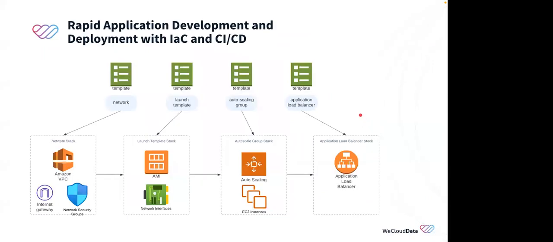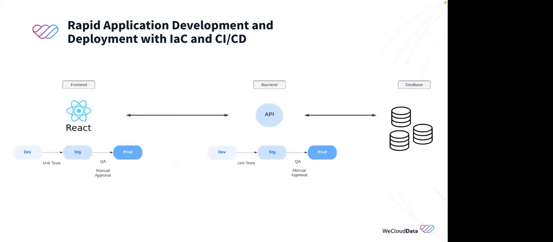Okay. And the CI/CD part of this is, like I mentioned here, during dev, stage and prod, you can use tools like Jenkins, GitHub Actions, or in AWS, it's called AWS CodePipeline.